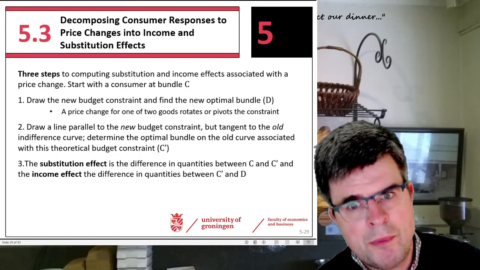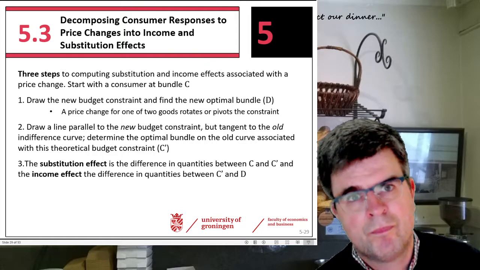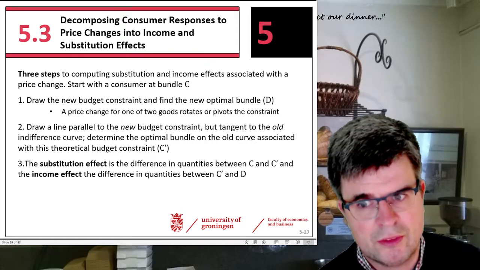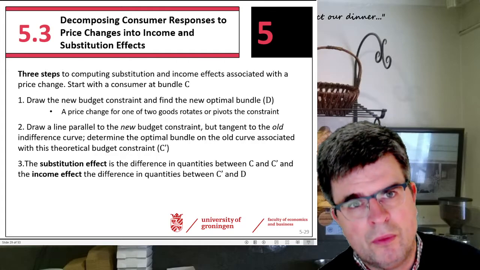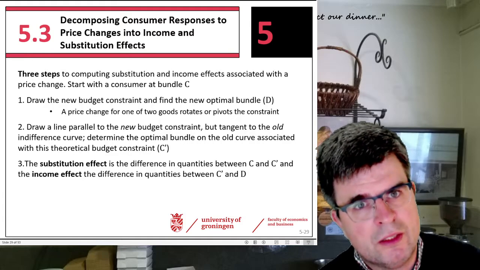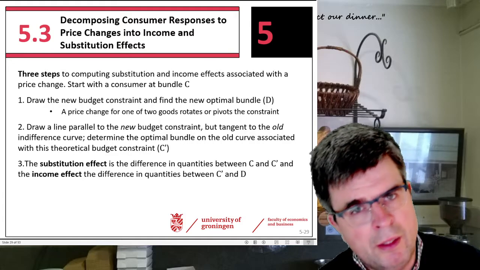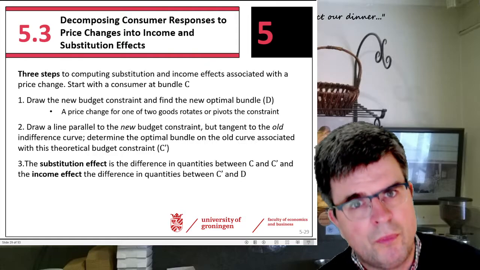You determine the optimal bundle on the old curve associated with this theoretical budget constraint, because it's not observed in practice. Then you get the bundle C prime. And then the substitution effect simply is the difference between C and C prime, and the income effect is the difference in quantities between C prime and bundle D.